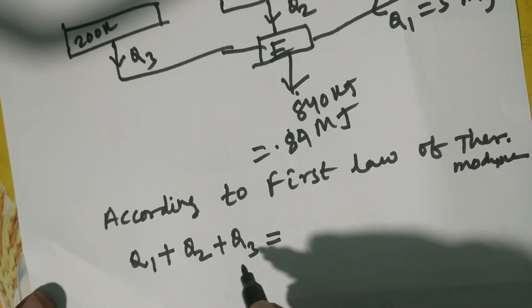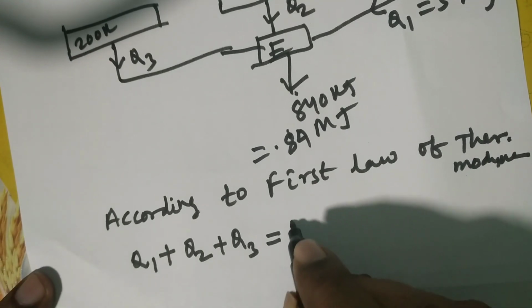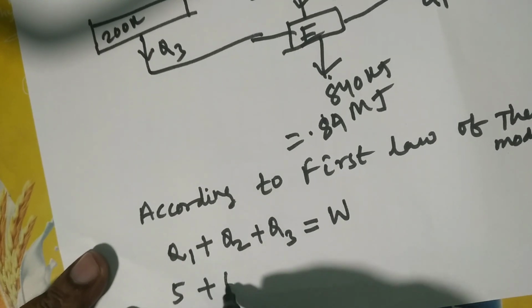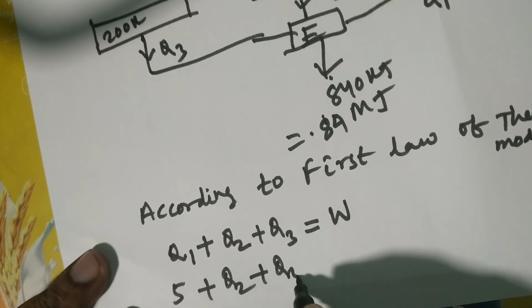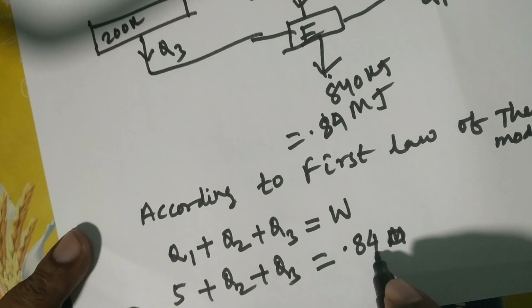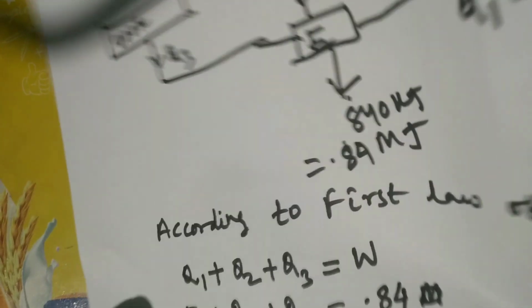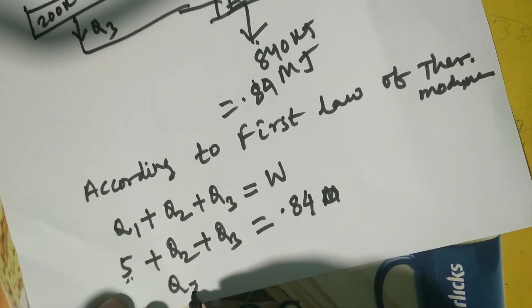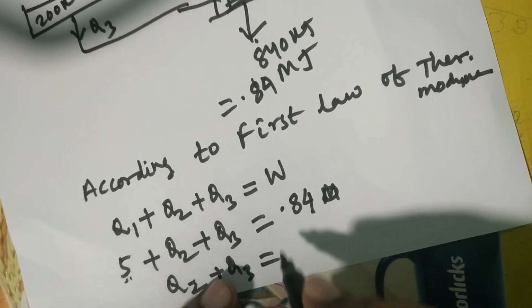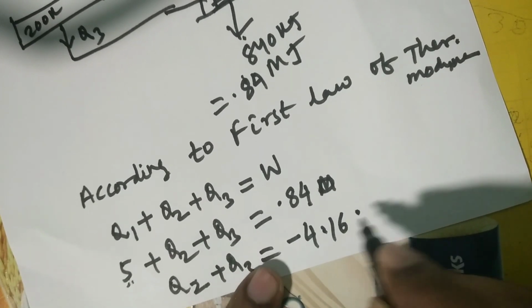So Q1 plus Q2 plus Q3 is equal to W. Q1 is already given as 5 megajoule, and W is 0.84 megajoule. We have converted 840 kilojoule to megajoule. Now Q2 plus Q3 is equal to 0.84 minus 5, that is minus 4.16 megajoule.